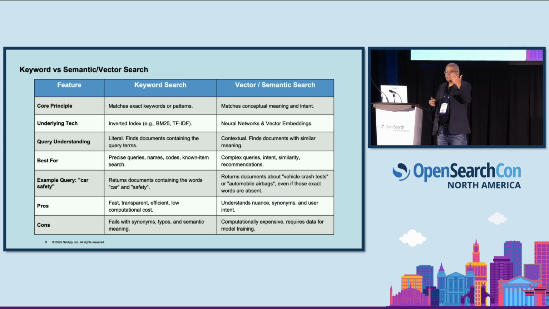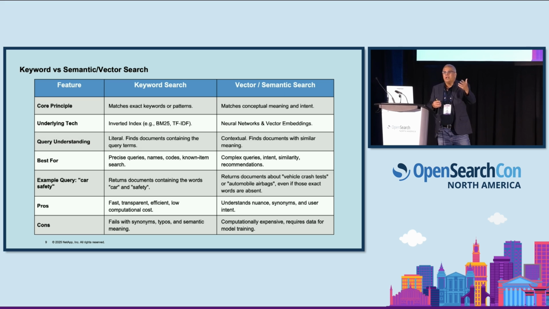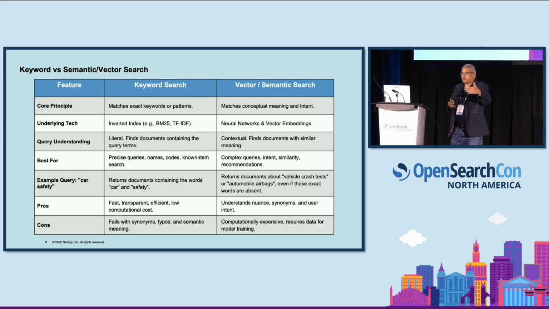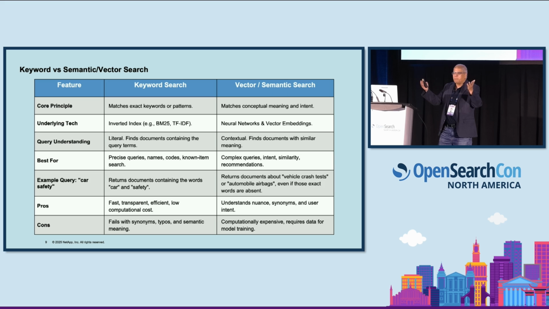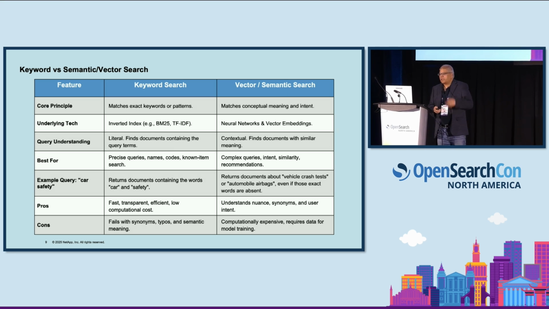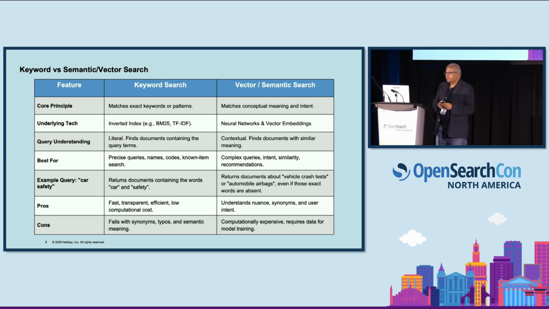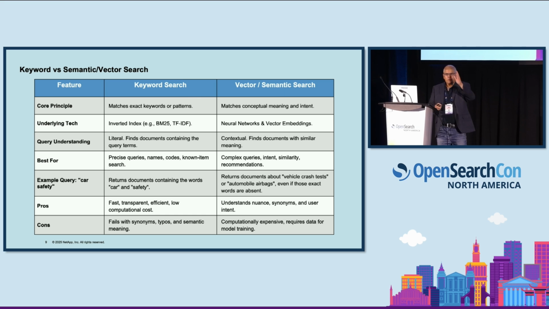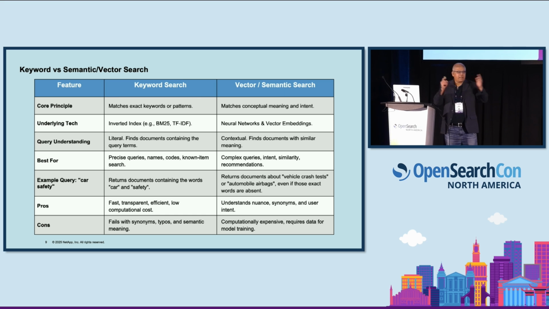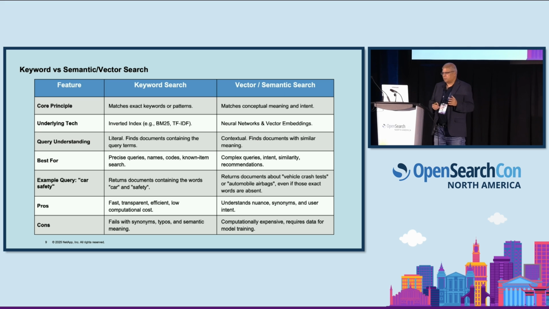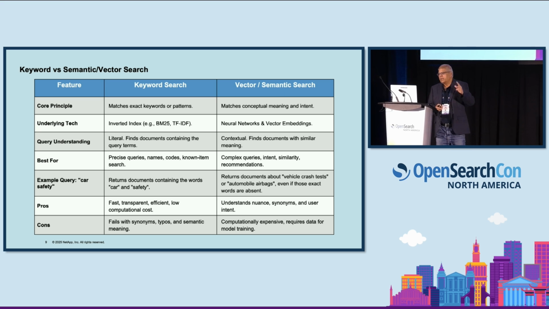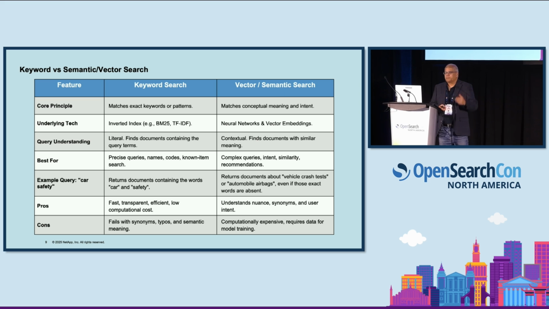If you're searching for dog, it can also retrieve responses that are puppy or man's best friend, things like that. The underlying technology for keyword search is usually an inverted index, and for vector search, it is vector embeddings. We'll talk about vector embeddings and what those are. Query understanding for keyword search is literal: you give the words, and it'll look for those words. With semantic search, it's contextual. It'll find the context.